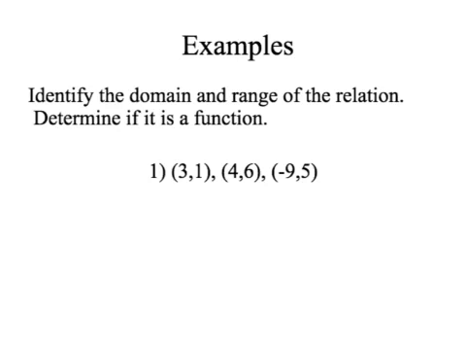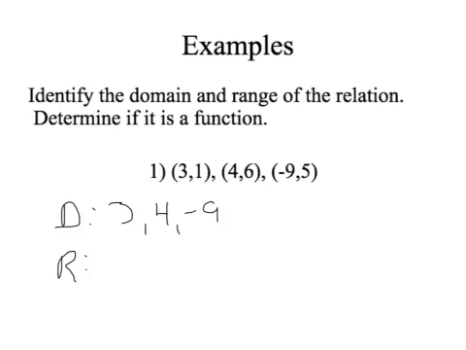So for example, we want to identify the domain, range, and to determine if it's a function or not. So we said before, our domain is our x values. So in this problem, we have the relation 3, 1, 4, 6, negative 9, 5. So our domains would be our 3, 4, and negative 9.